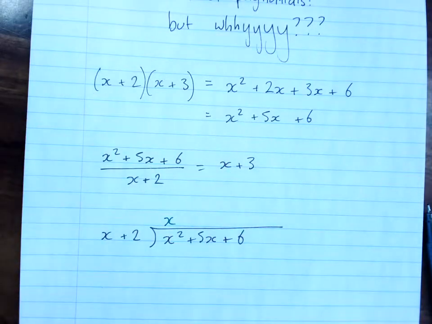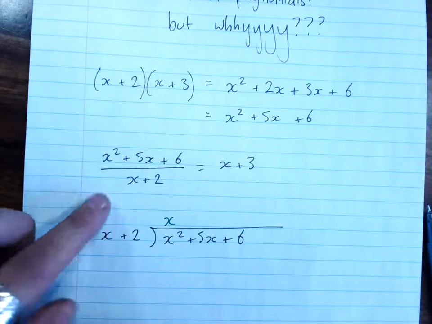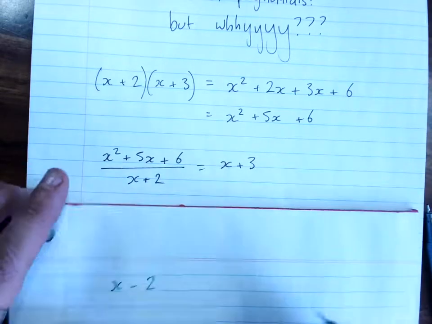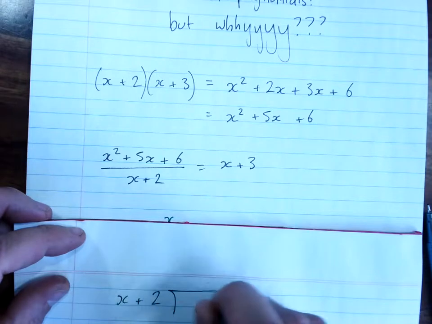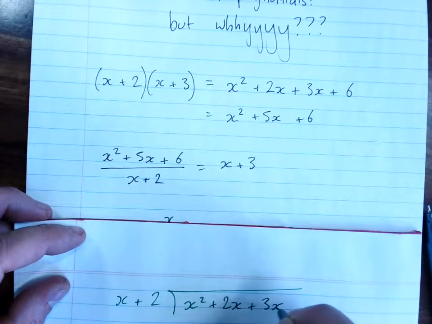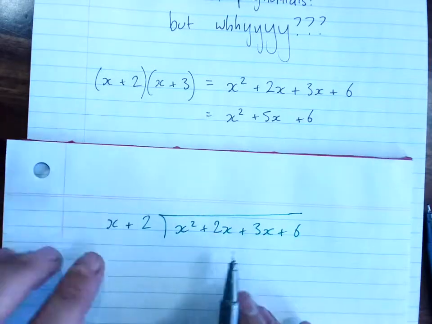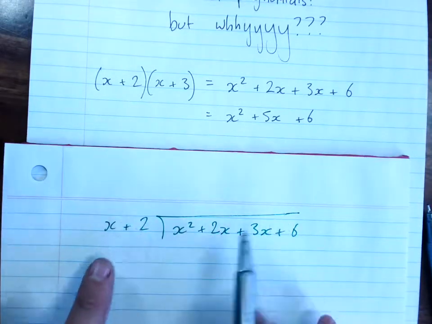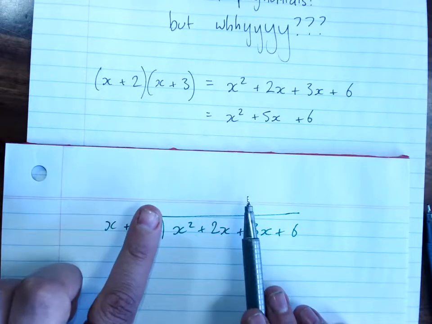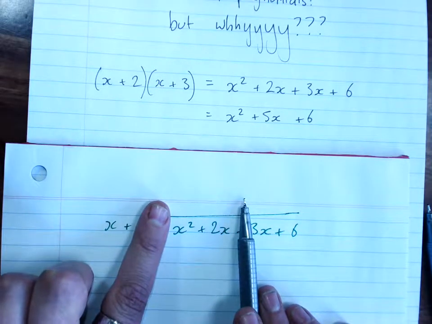If this had been written when they gave us our division as, please put x plus 2 into x squared plus 2x plus 3x plus 6, well, that would be great, because then we could go, well, how many times does x plus 2 go into x squared plus 2x?